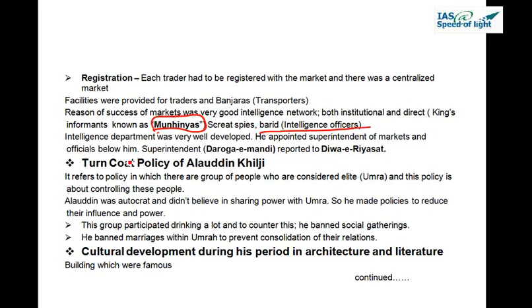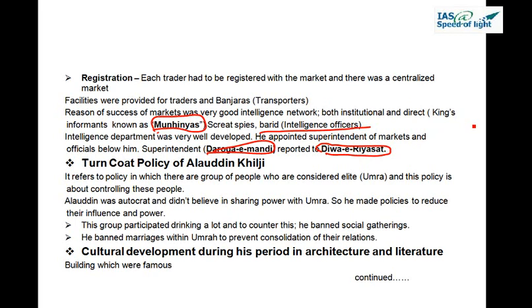We see the intelligence department was very well developed, and he appointed superintendents of markets and officials below him. The superintendents of markets were known as Daugai Mandi or Shehnai Mandi, and they reported to Diwan-i-Riyasat. We will cover all these things in more detail when we see the administration part, the whole hierarchical structure of the market and the officers who looked after it.